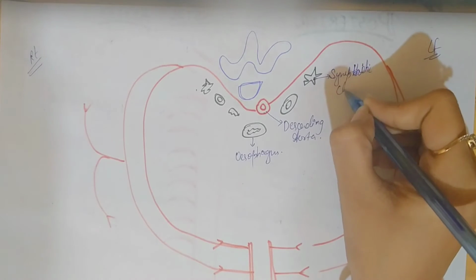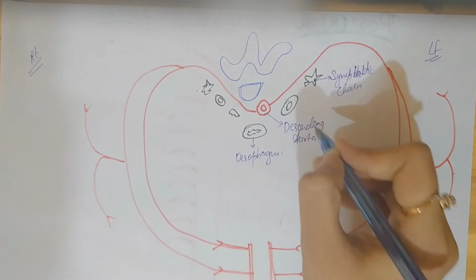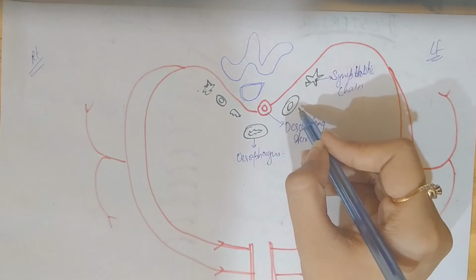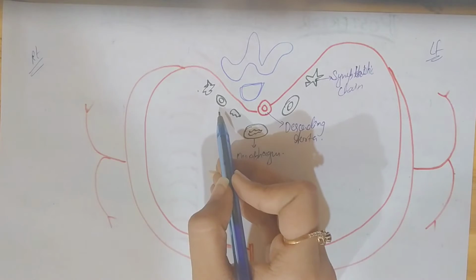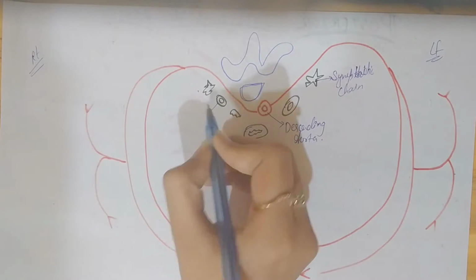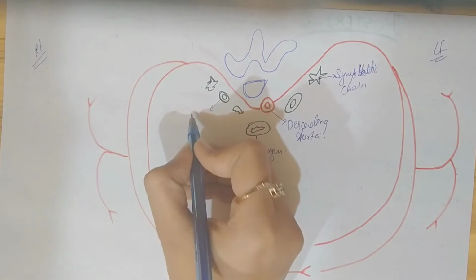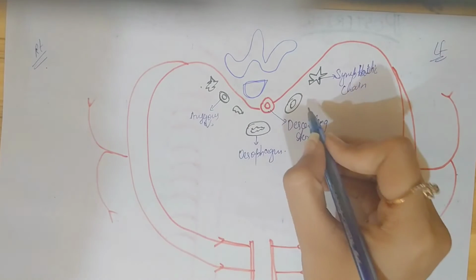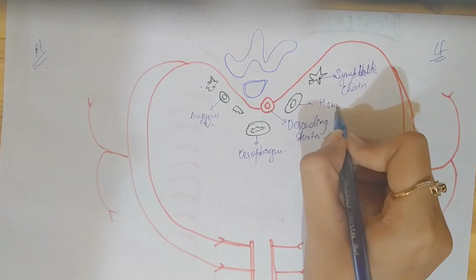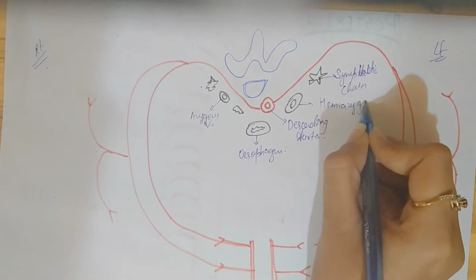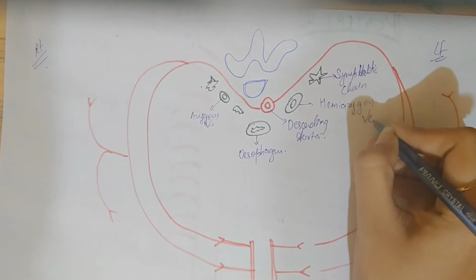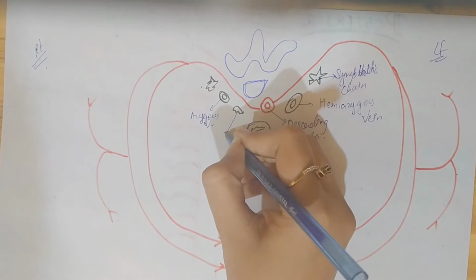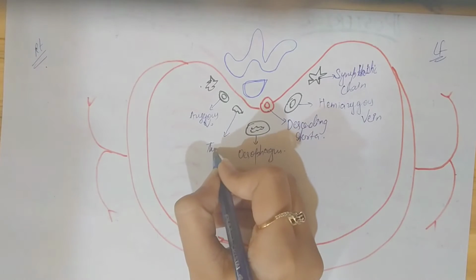As we know, on the left side we have the hemiazygous vein, and on the right side we have the azygous vein. So this one, as it is the right side, is the azygous vein, and this is the left side, so here we have the hemiazygous vein, right? And on the right side we have the thoracic duct.